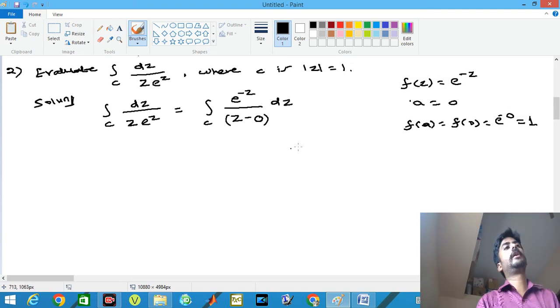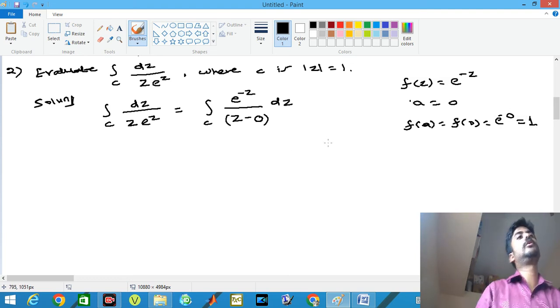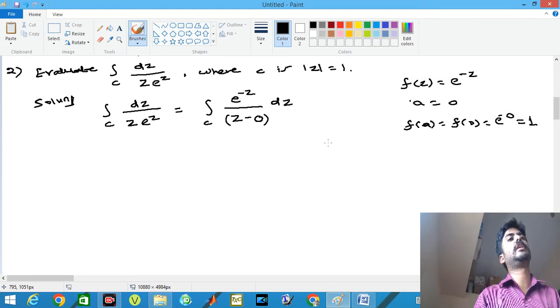Then we have to verify whether f of z is analytic inside or not, and also check whether this a lies inside the circle or not. They have given modulus of z equal to 1.